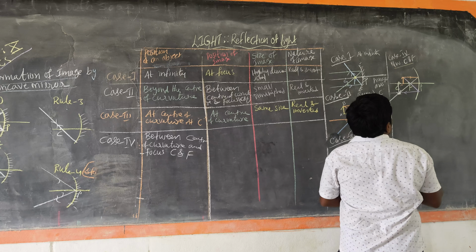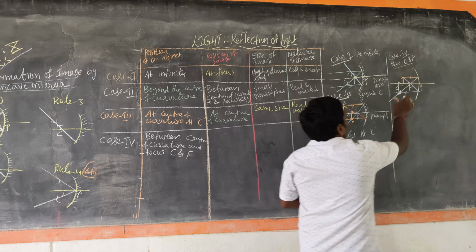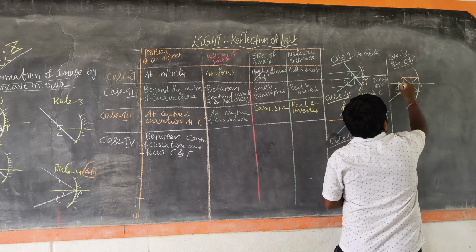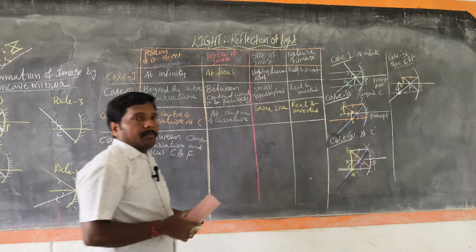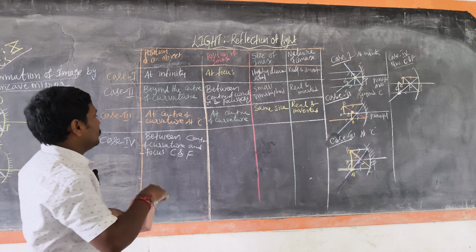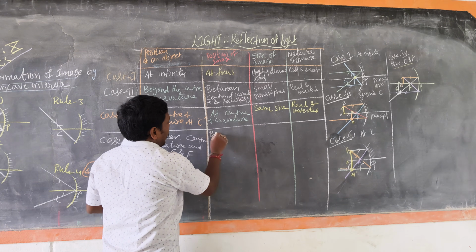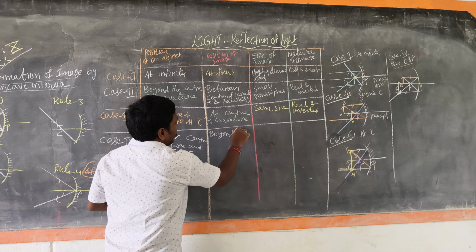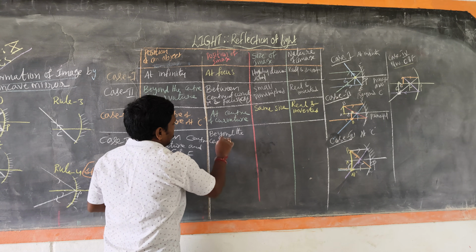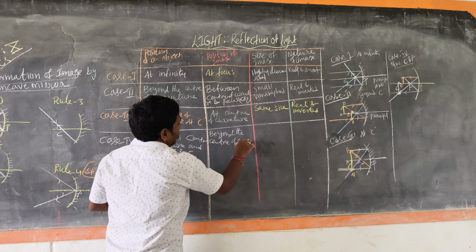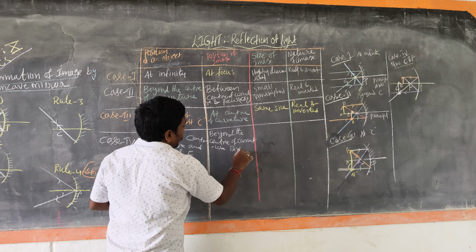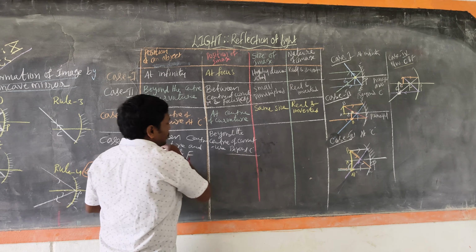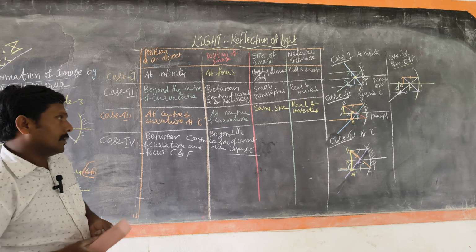So if this is C, the center of curvature, the image is formed behind C.